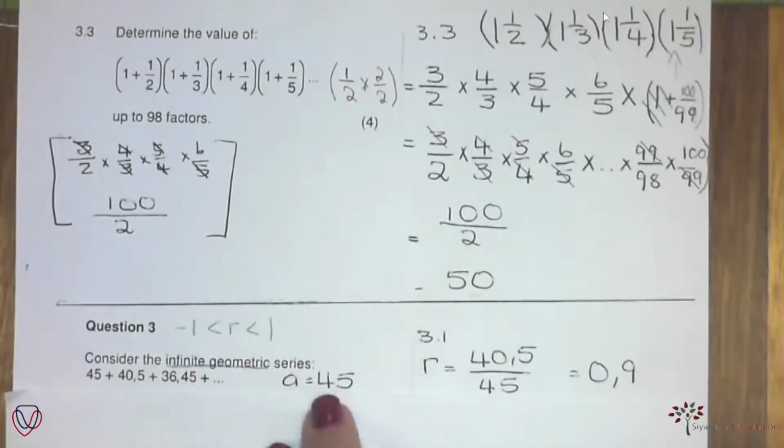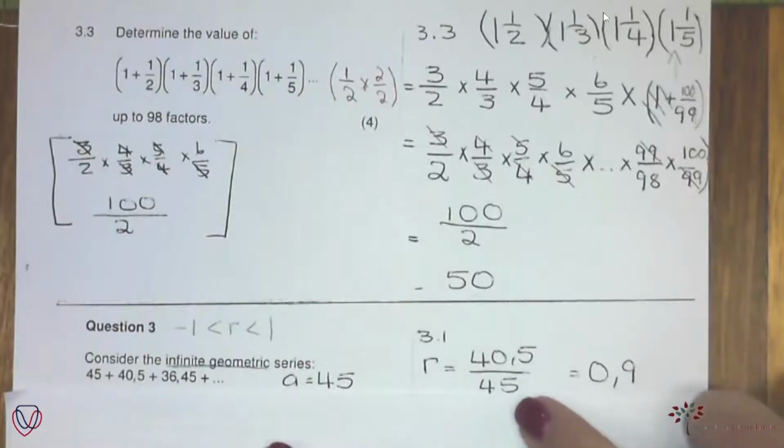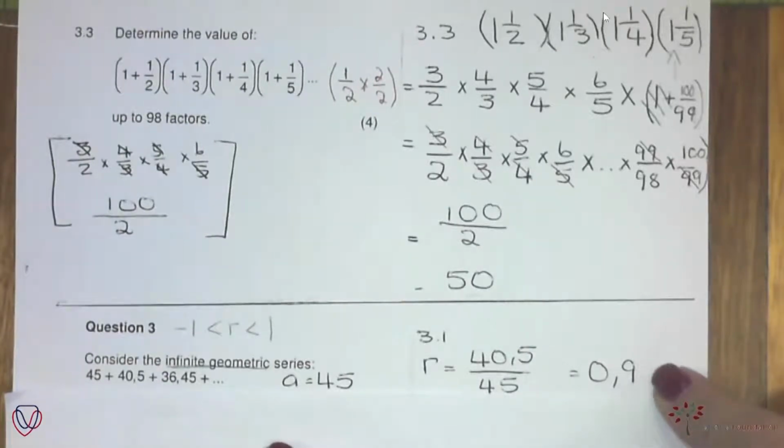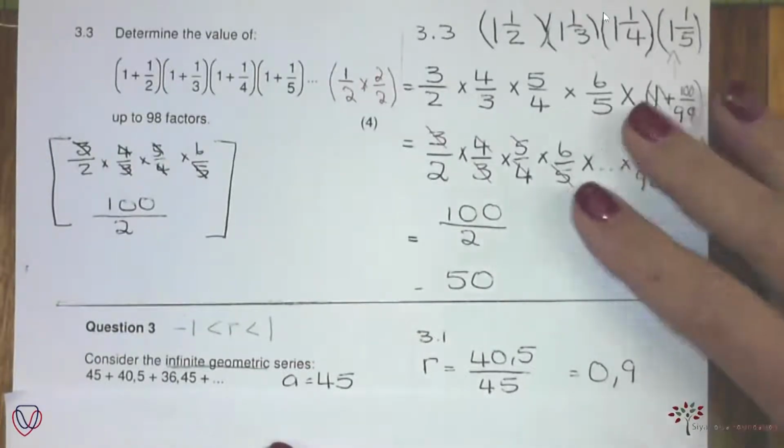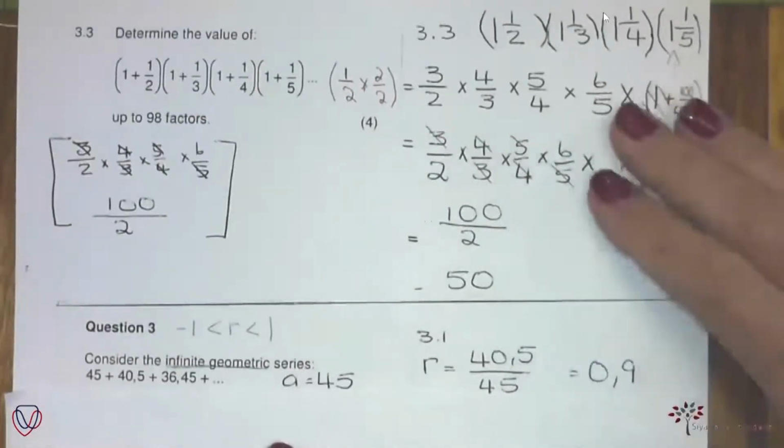You've got the a there, but you don't have the r. So to find r, T2 divided by T1. And that is going to give you 0,9, which is 9 over 10. It's less than 1. So this is a geometric sequence that is infinite.